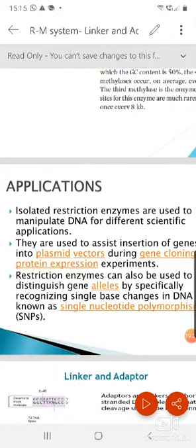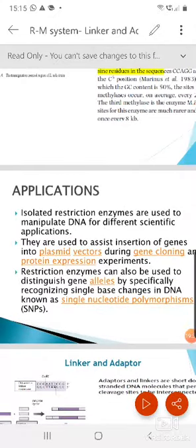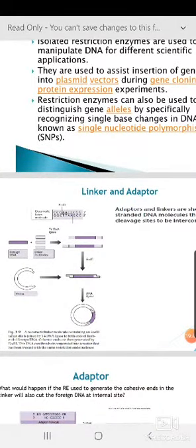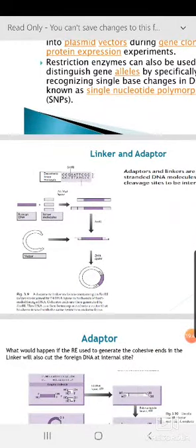We can do gene fragment analysis, gene mapping, actually RFLP studies. There are so many studies we can do by using the restriction modification system, restriction enzymes. Now the 2 more other topics I will teach today are linker and adapter.